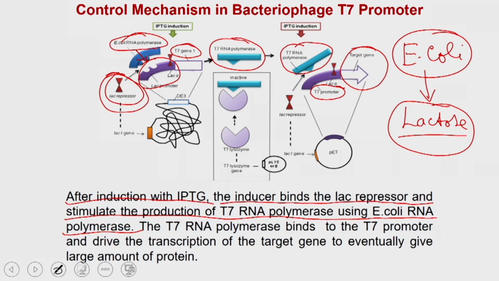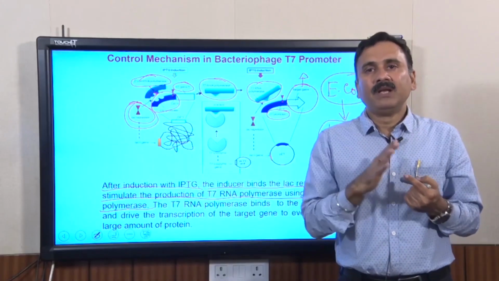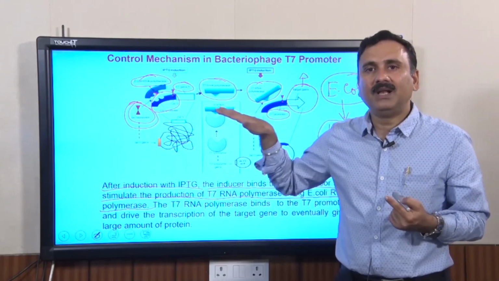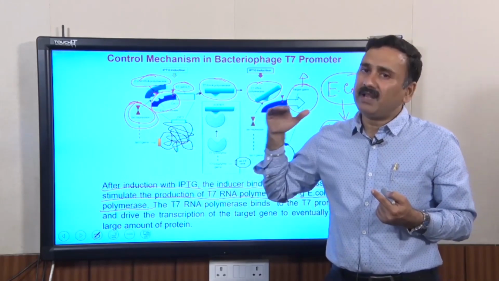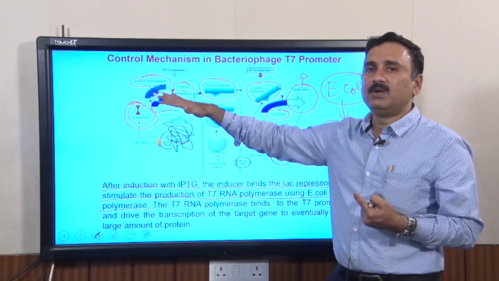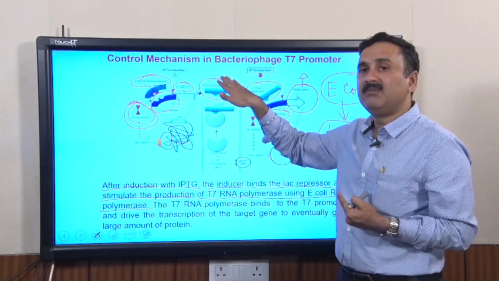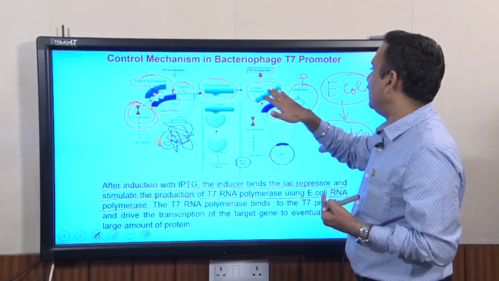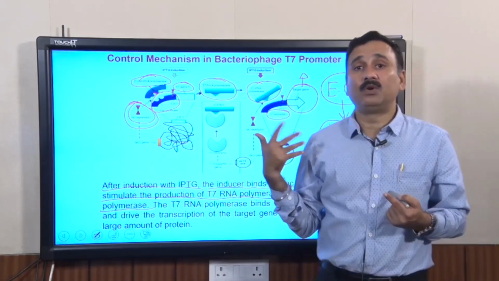First it will induce the production of T7 polymerase, and that will eventually start synthesizing the target gene in the absence of the inducer as well. Which means even if you do not add the IPTG, the lactose present inside the cell will function at a very low level to produce some amount of T7 RNA polymerase, and that T7 RNA polymerase will drive the production of your target gene.